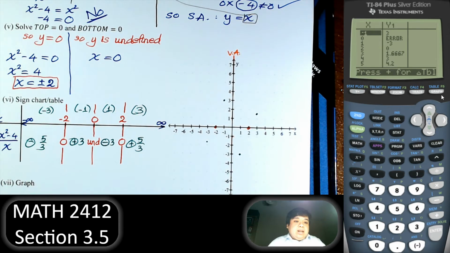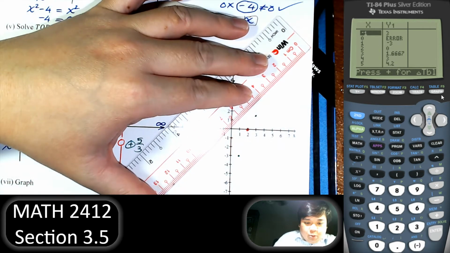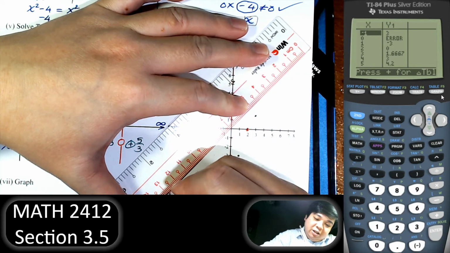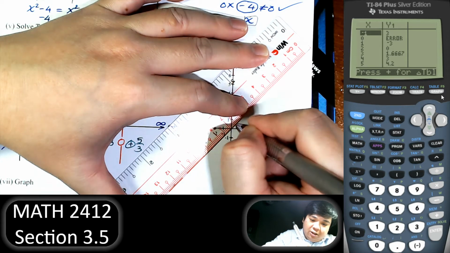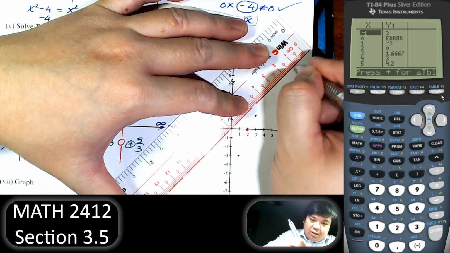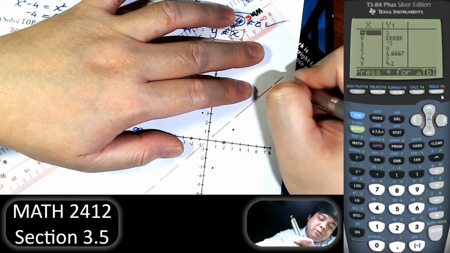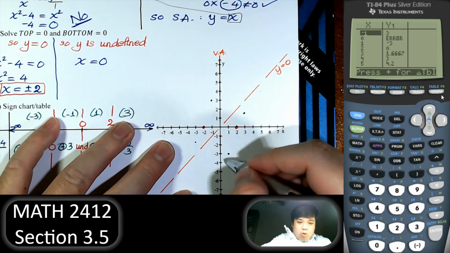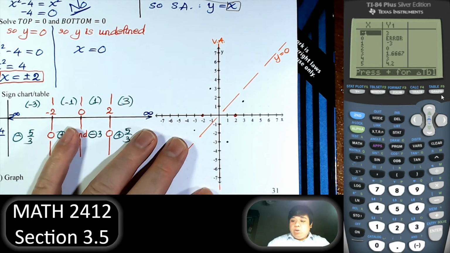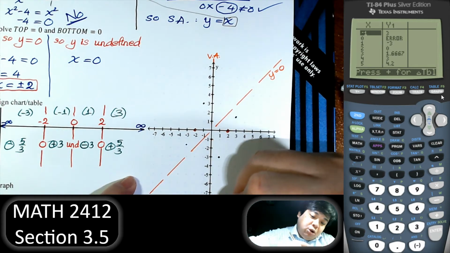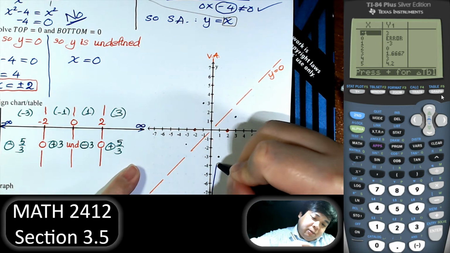In this case, we do have the slant asymptote y equal to x, which is the diagonal line here. Since we have those points and we know the function approaches the asymptotes and will not cross the slant asymptote, it has to look like this.